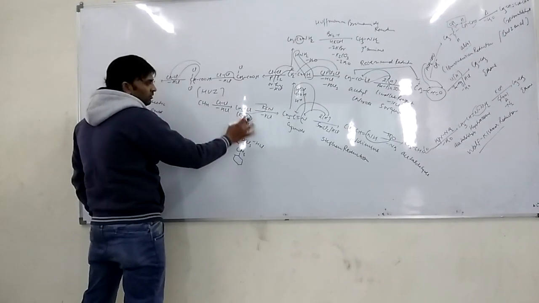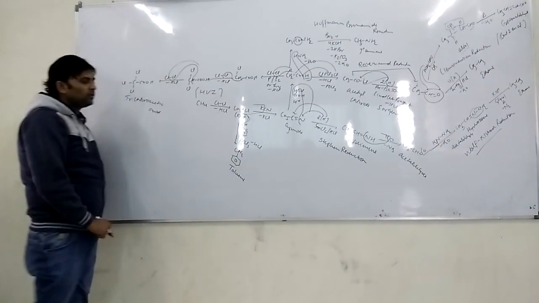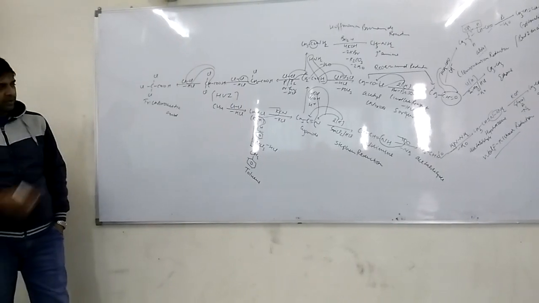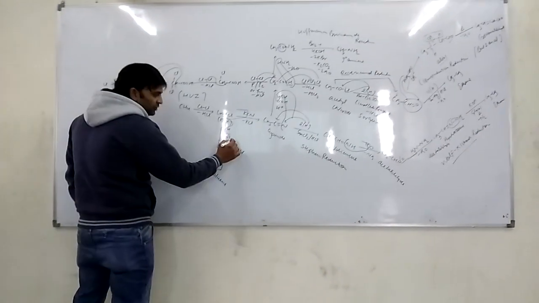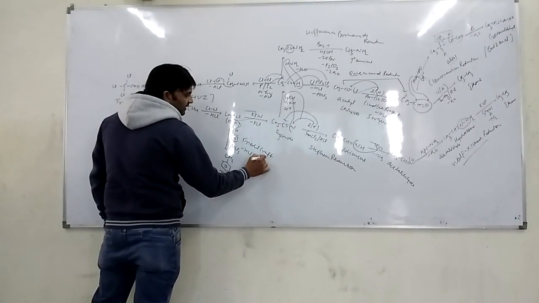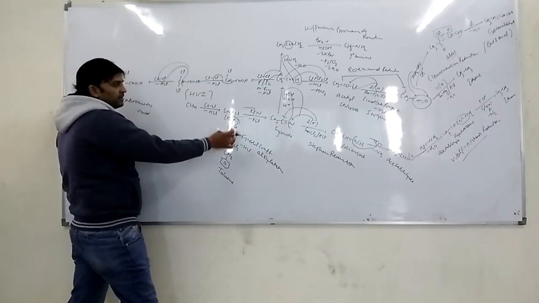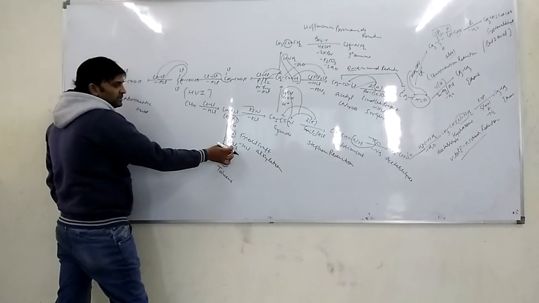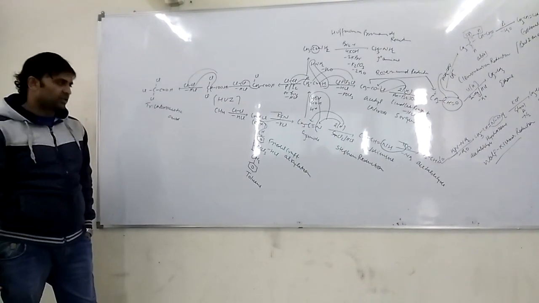By the loss of HCl, it is converted into toluene. Formation of toluene is called Friedel-Crafts alkylation. The reaction of an aromatic compound with alkyl halide in presence of a halogen carrier is known as Friedel-Crafts reaction.